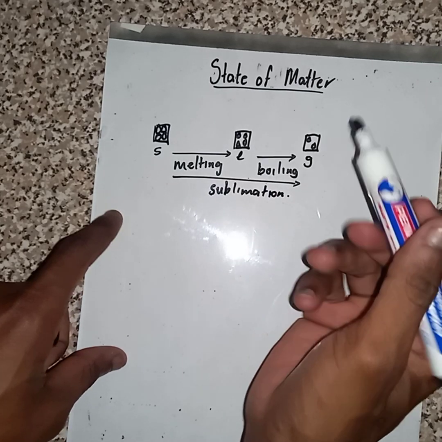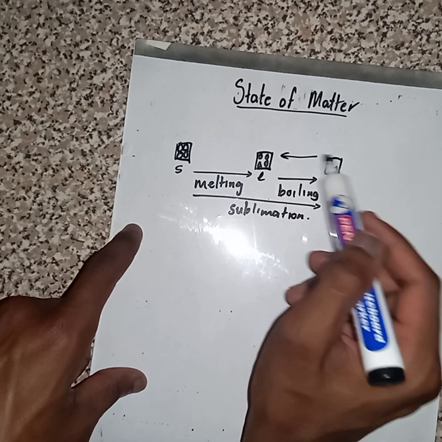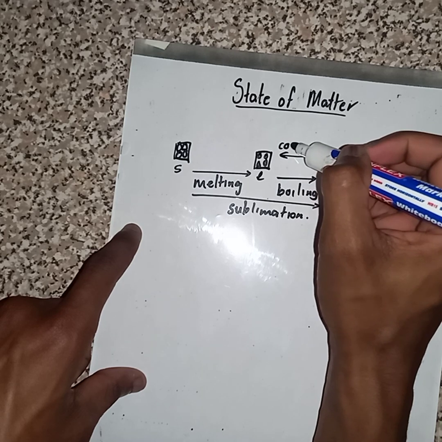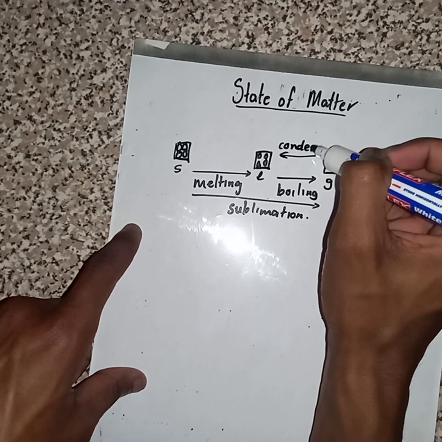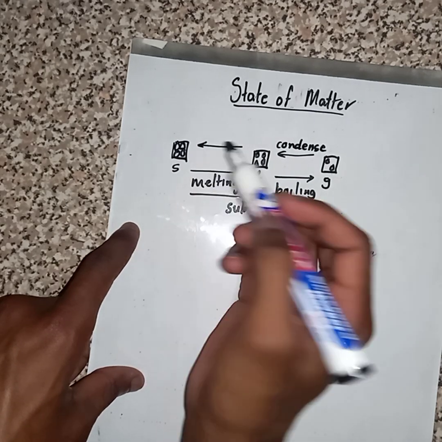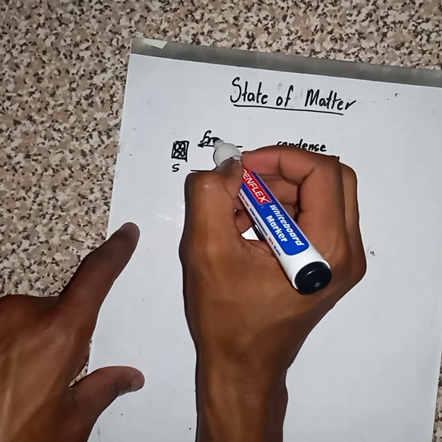Sublimation. You see? Then now let us work in opposite direction. Now from gas to liquid, we call it a condensation. From liquid to solid, we call it freezing.